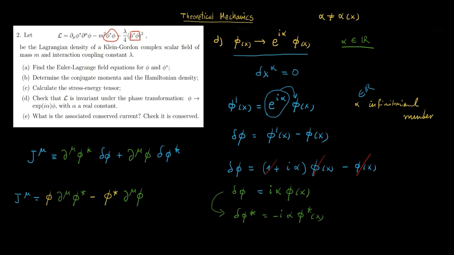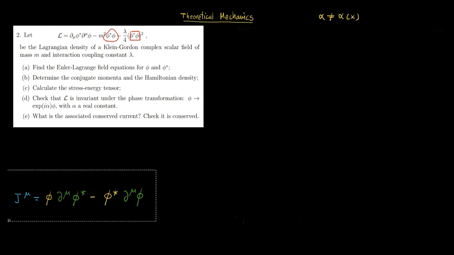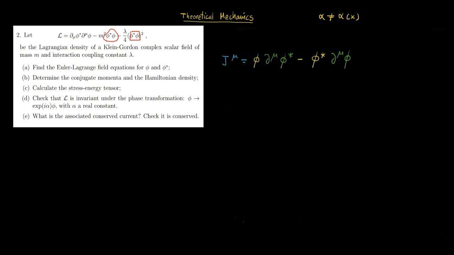Okay, let's do it. The conservation of the current means that if we take the partial mu derivative of the current, this must be 0, identically. So let's perform this derivative.